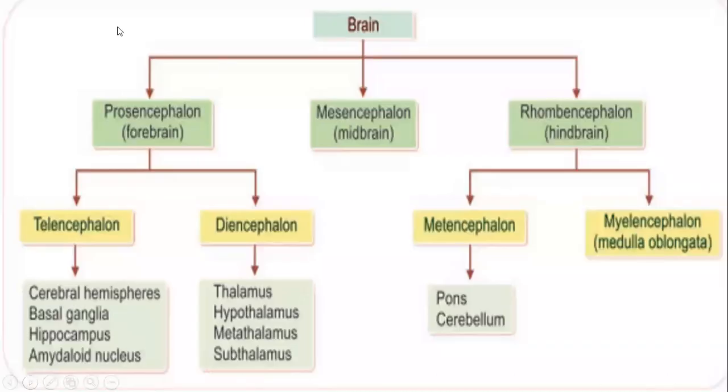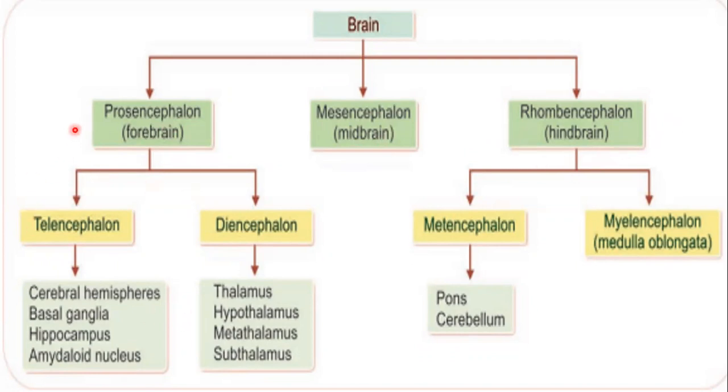Now, here is the division of the brain on the screen. The brain is divided into three parts: prosencephalon, mesencephalon, and rhombencephalon. Another name for prosencephalon is forebrain, mesencephalon is midbrain, rhombencephalon is hindbrain.